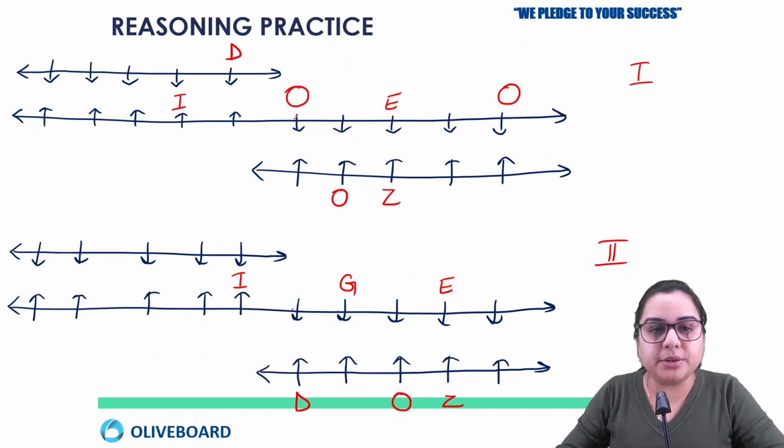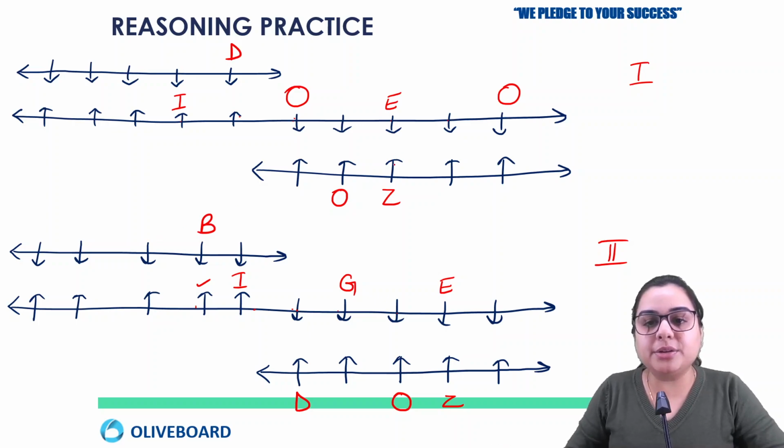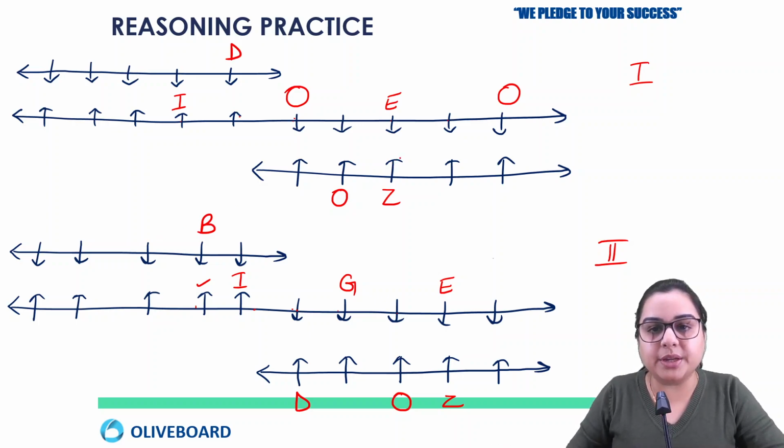So third to right of G, where is it? Here in the second possibility, third to right of G, 1, 2, 3. Okay, so B faces this person. Here B will come. Now if I take G on this position, third to right will be 1, 2, 3. So opposite this O is sitting.